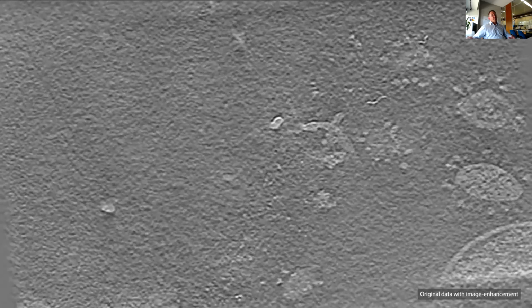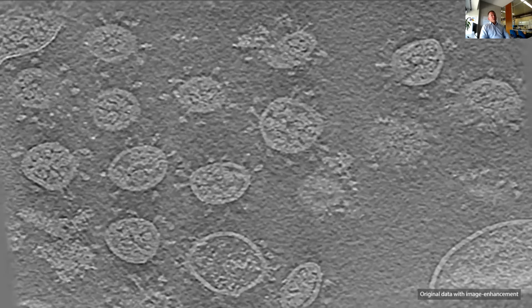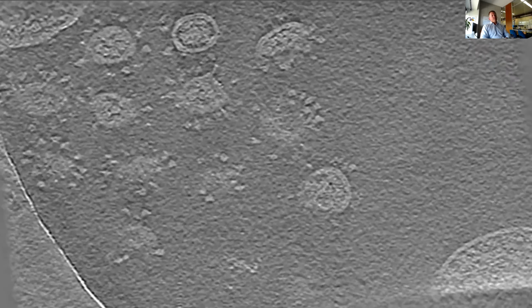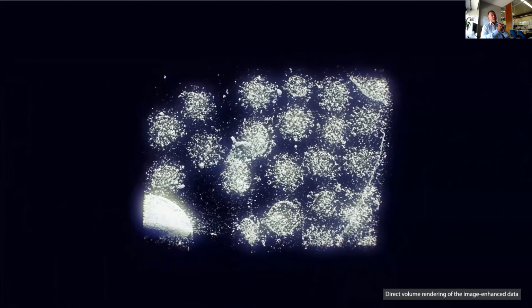So here you can see slices of cryo-electron tomography, which have been created with the traditional reconstruction pipeline, but afterwards with some image enhancement.